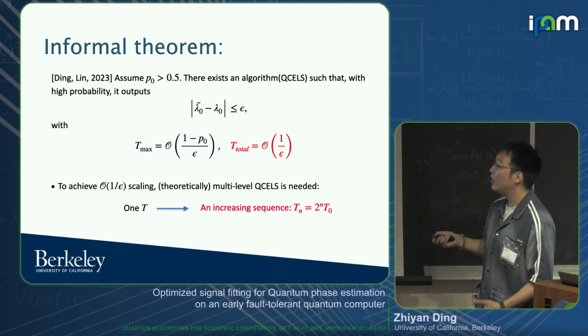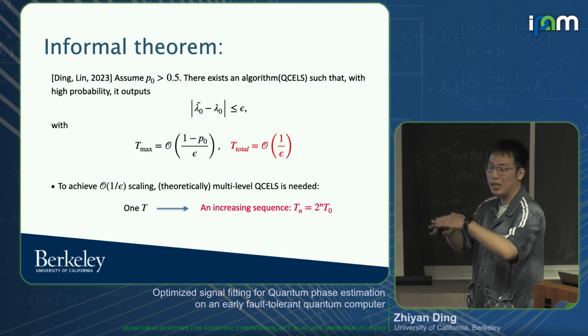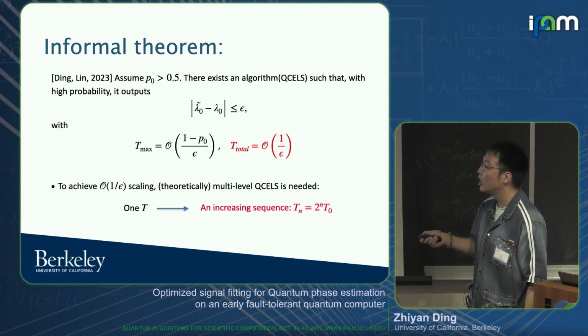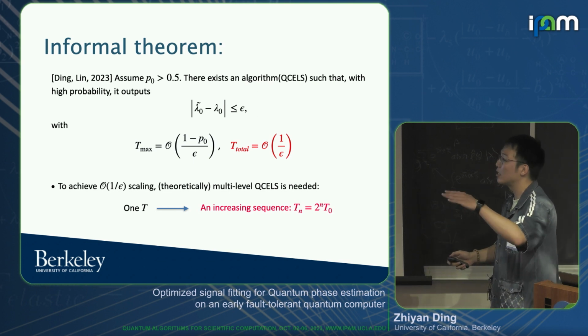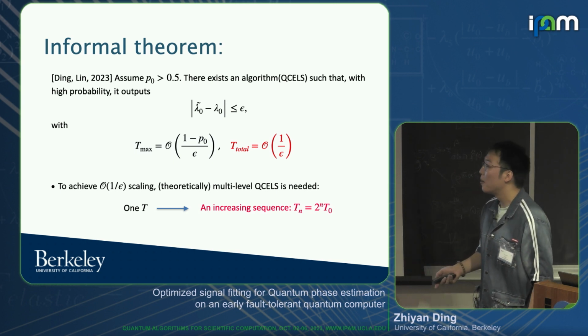So in our paper, we write a somewhat more complicated algorithm, which, instead of using one capital T, chooses an increasing sequence Tn equal to 2 to the nth power times T0. So we gradually increase our capital T and refine our estimation.